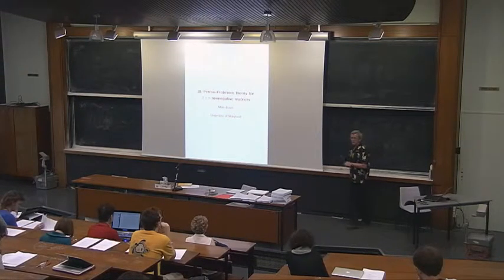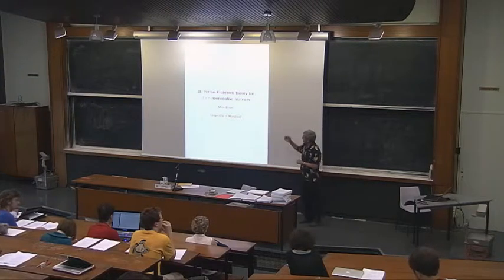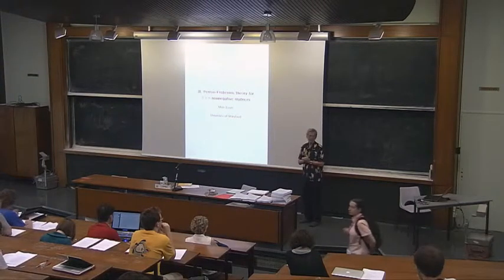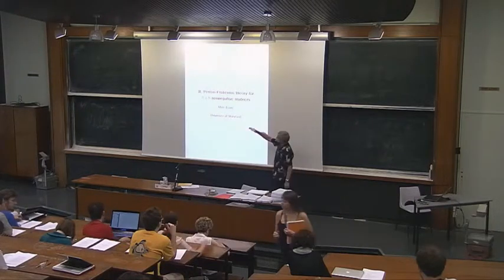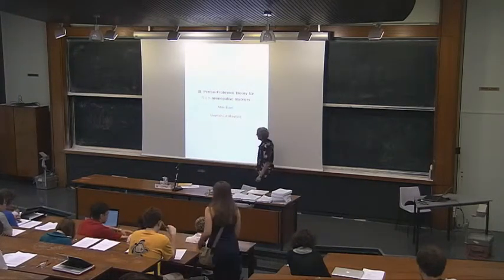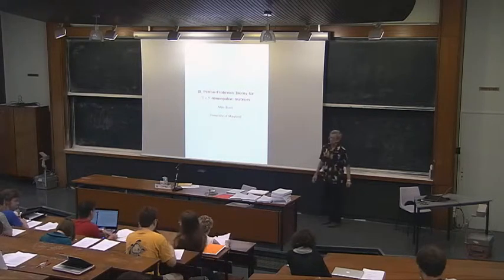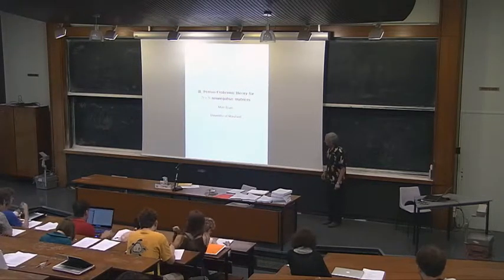Okay, so what I'm aiming to do today is to consider a Perron Frobenius theory for infinite matrices. So these are, well, natural numbers by natural numbers indexed, non-negative matrices.